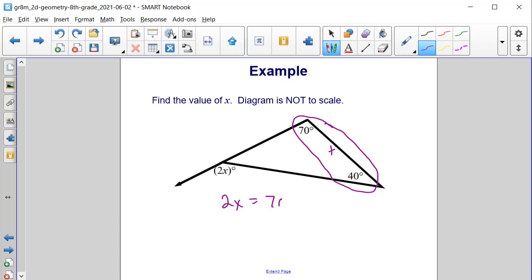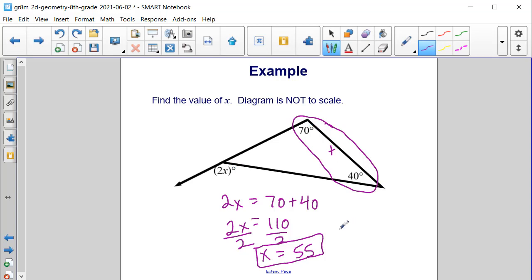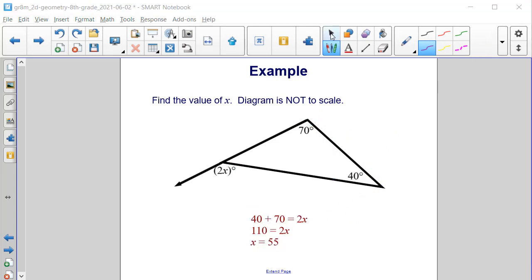So that would be 70 plus 40. If we add those two up, we'll get 110, and we still have 2x on the left side, so if we divide both sides by 2, we will get that the value of x is 55. And it does make sense because 2 times 55 is 110 degrees, and 70 plus 40 is 110 degrees.